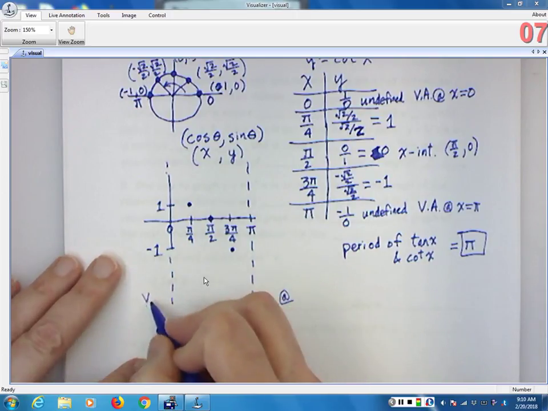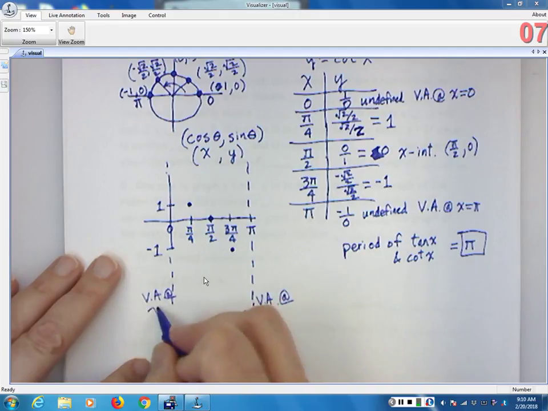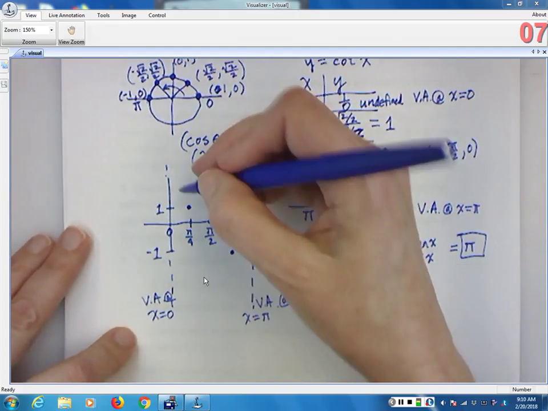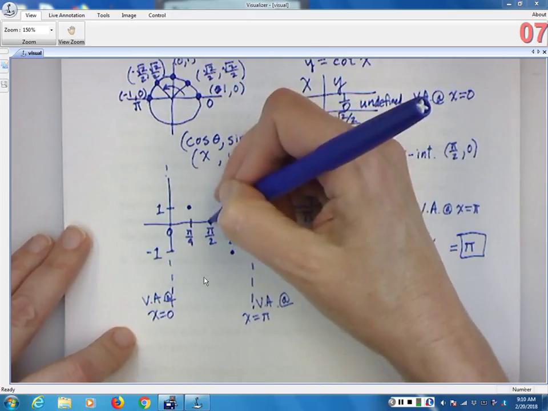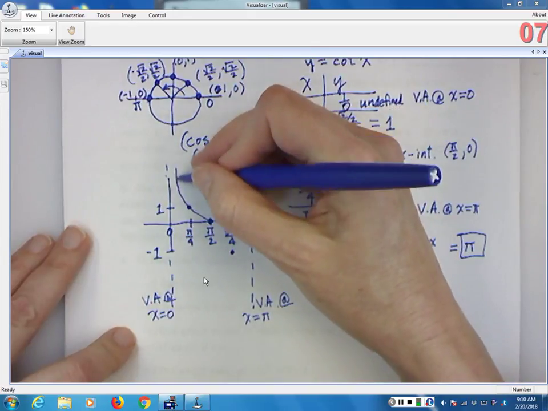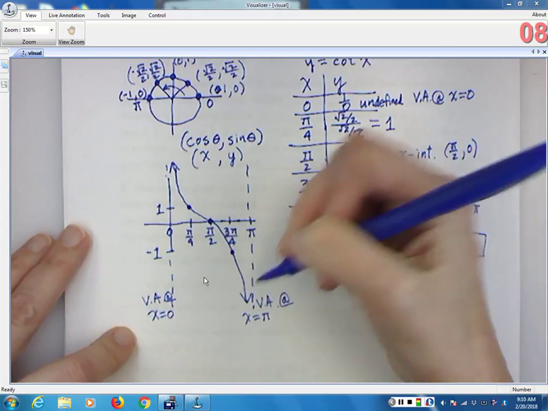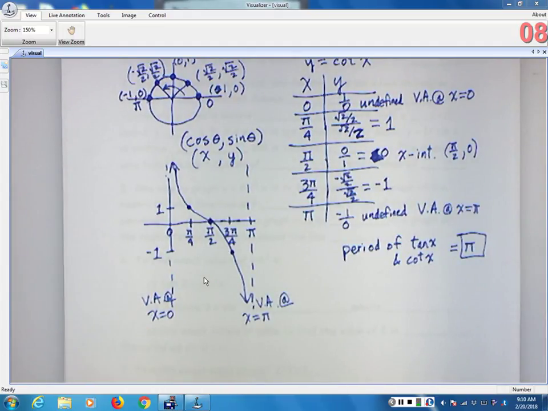So we got VAs at x equals 0 and x equals pi, and to graph one of these, it goes like this. This is the cotangent function.